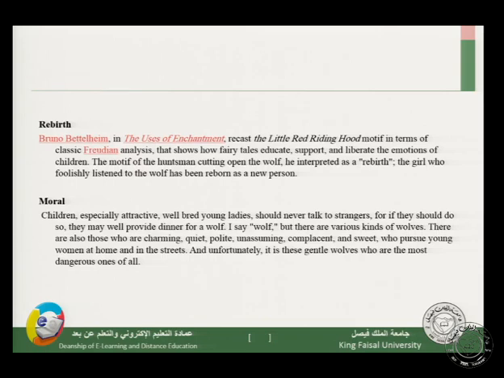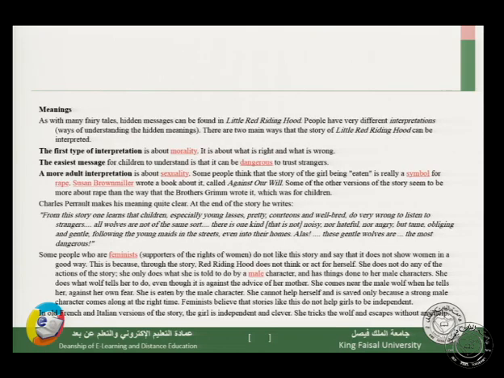Again, here is some repetition of the meanings and interpretations of this story, which are almost the same. There are many hidden messages that can be found in this story, and there are different interpretations.